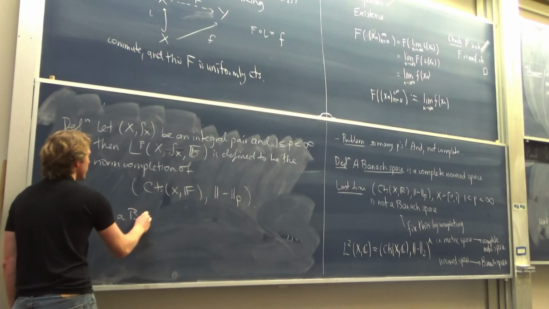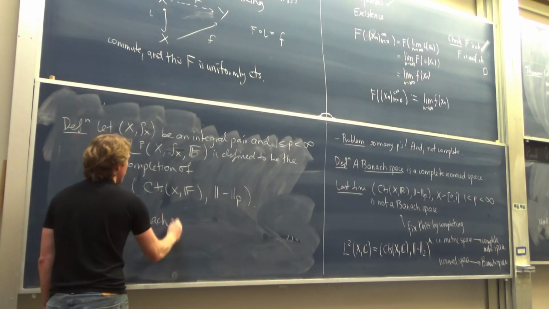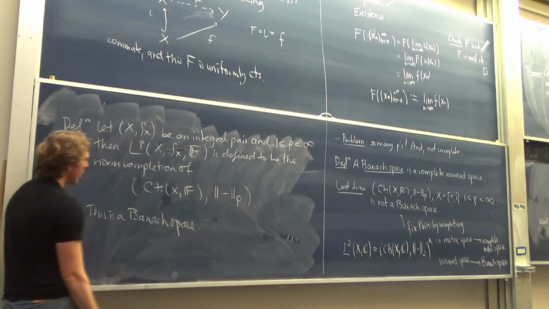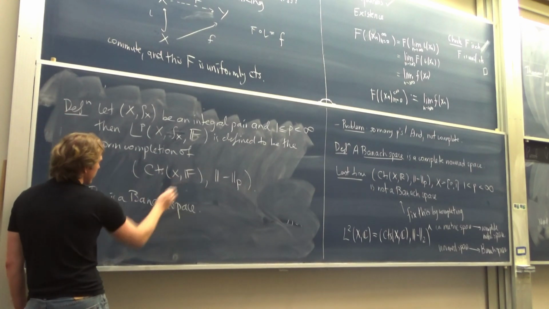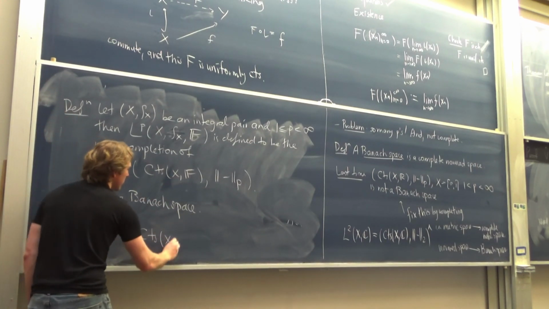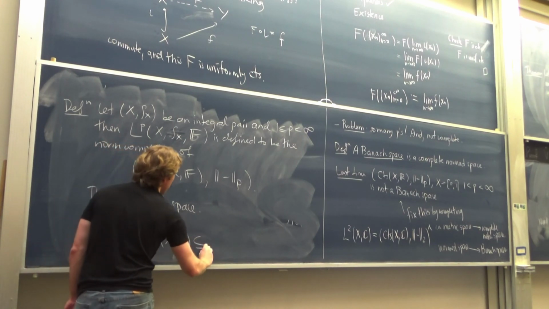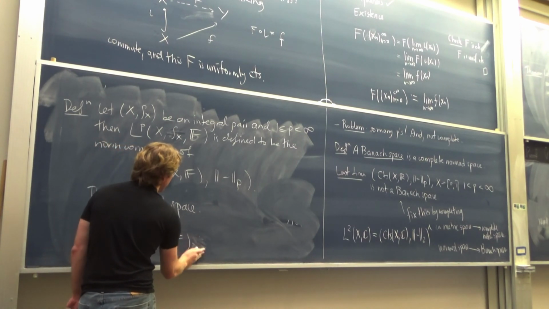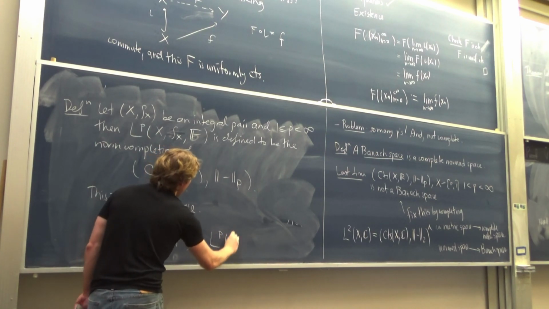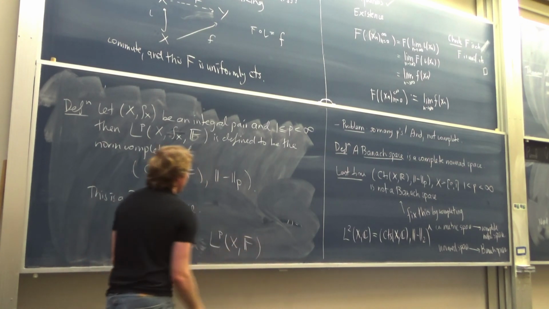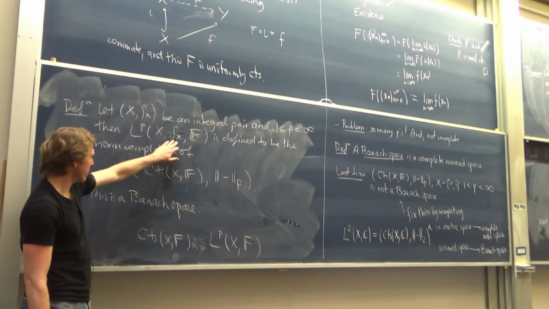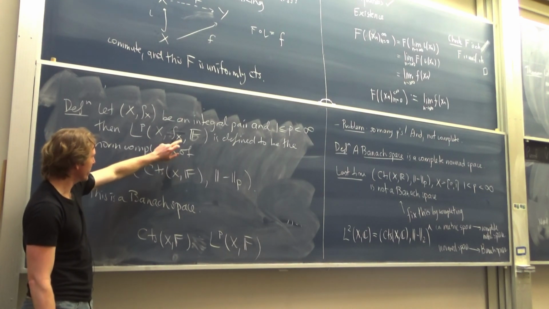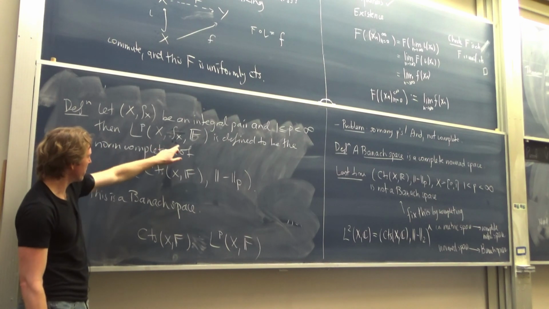By construction, that's a Banach space. And moreover, also by construction, this set sits inside it. Usually you drop the integral, so if you're doing measure theory, you don't usually put the measure into this notation, but it does depend on that.